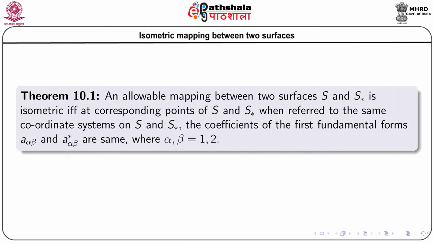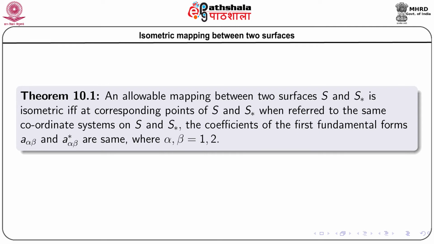So, we now prove this theorem: an allowable mapping between two surfaces S and S star is isometric if and only if at corresponding points of S and S star, when referred to the same coordinate systems on S and S star, the coefficients of the first fundamental forms a alpha beta and a star alpha beta are the same, where alpha and beta run from 1 to 2.